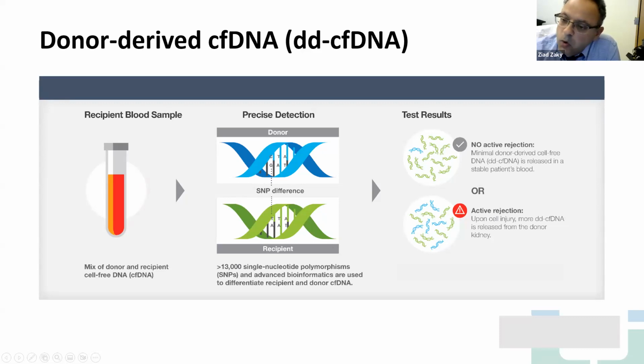And if you detect more of those differences between the donor DNA and the recipient's cell-free DNA, you may be able to find those patients with rejection. So the SNPs are very important, because in the next few slides there's a discussion about the SNPs and different techniques.